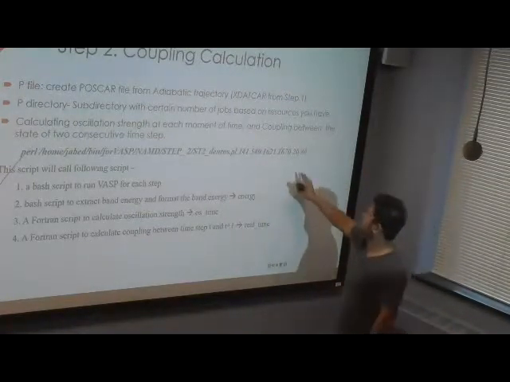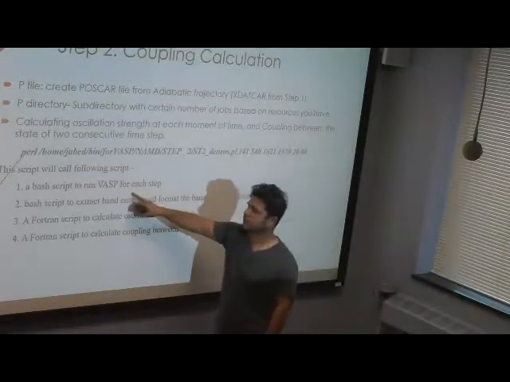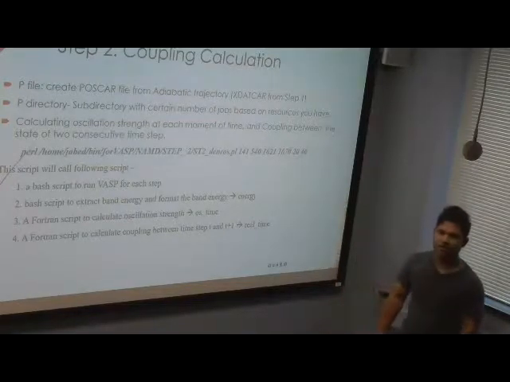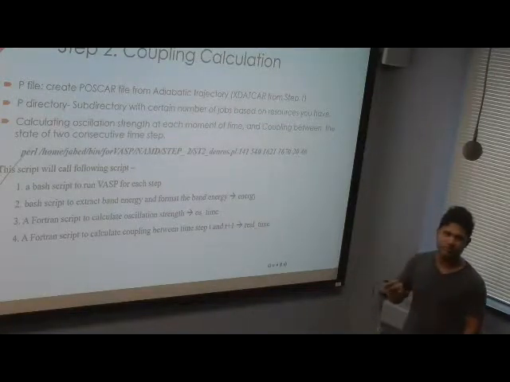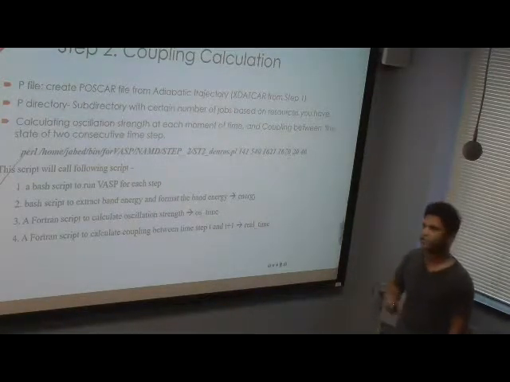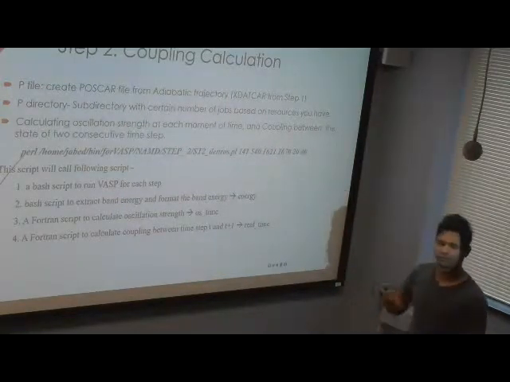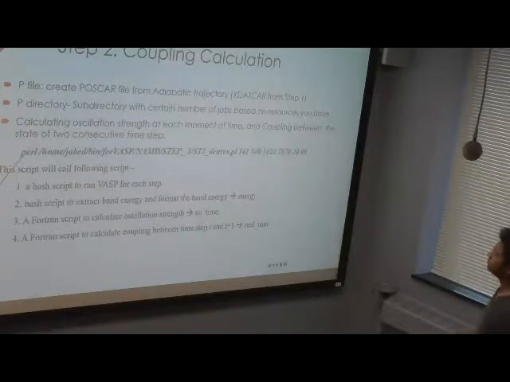This is important because when we run VASP, we need to tell it how many cores it should use to calculate each band. There are some memory issues and other issues, and there is an optimal number too. So this number is used for calculating the NCORE number and other things.